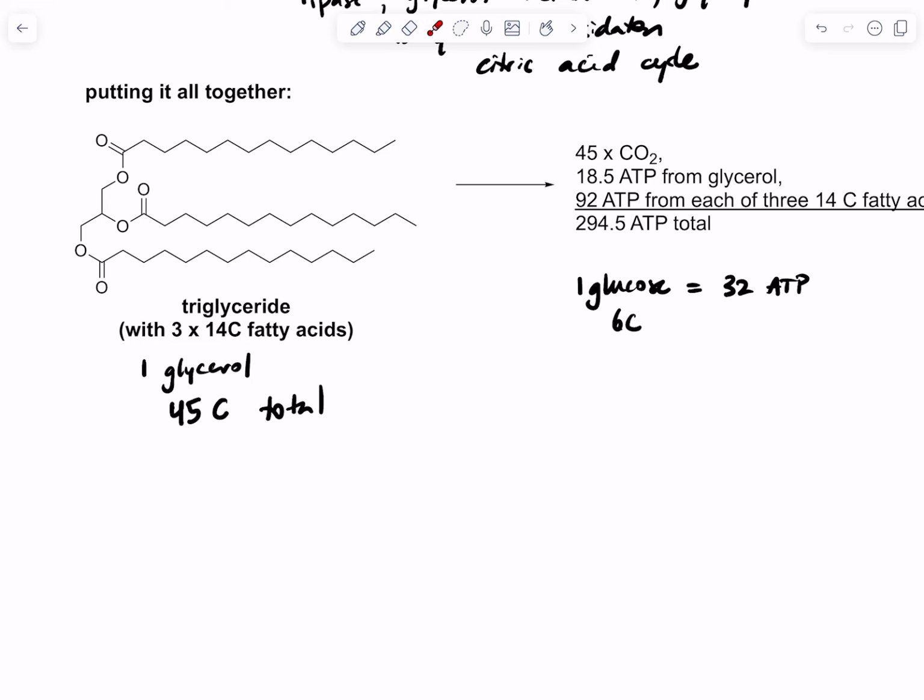And so that means it's more efficient storage. You could store big sacks of glucose inside you, but it wouldn't pack as much energy. So you're lugging around more mass to have more storage.